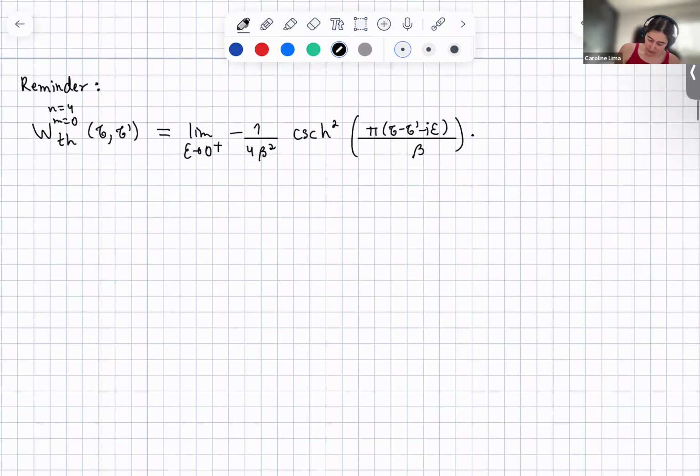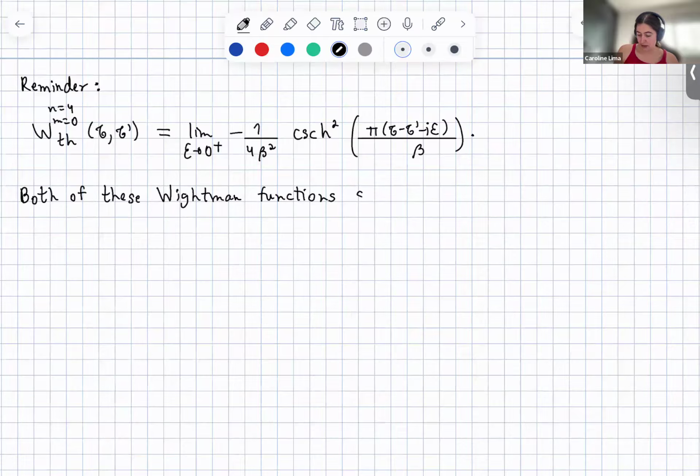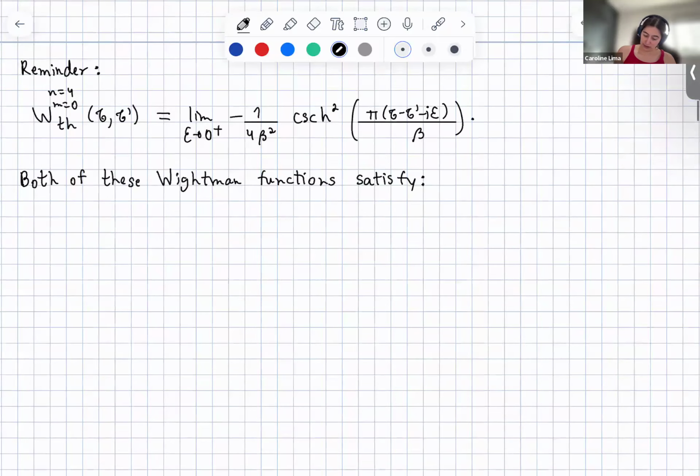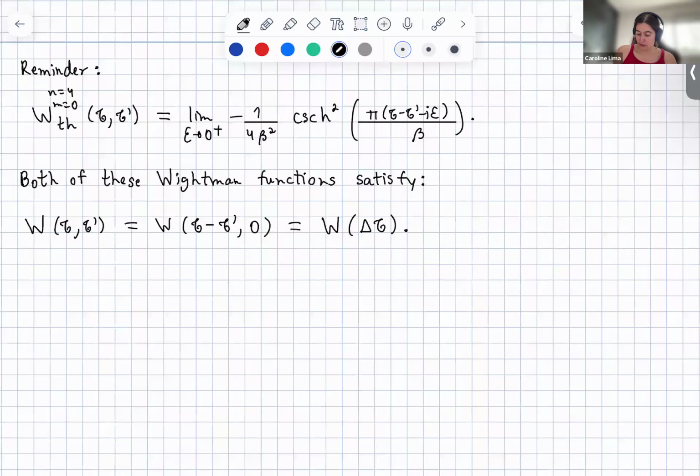But let's actually notice something nice. Both of these Wightman functions satisfy some property, which is that the Wightman of tau, tau prime is equal to the Wightman of tau minus tau prime, 0, which means that the Wightman only depends actually on the difference tau minus tau prime.